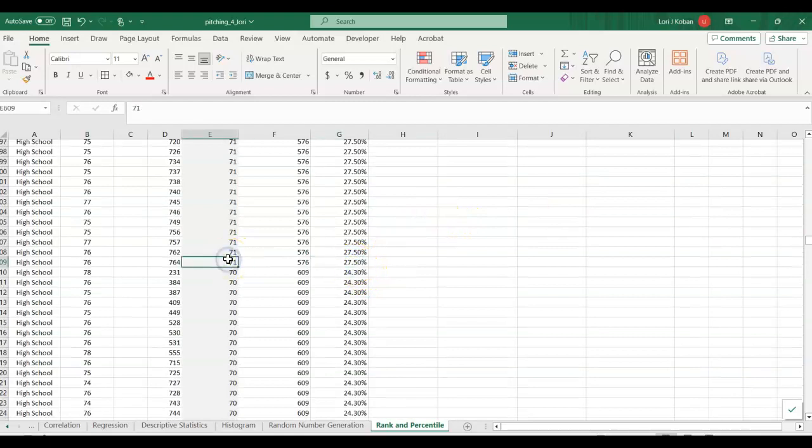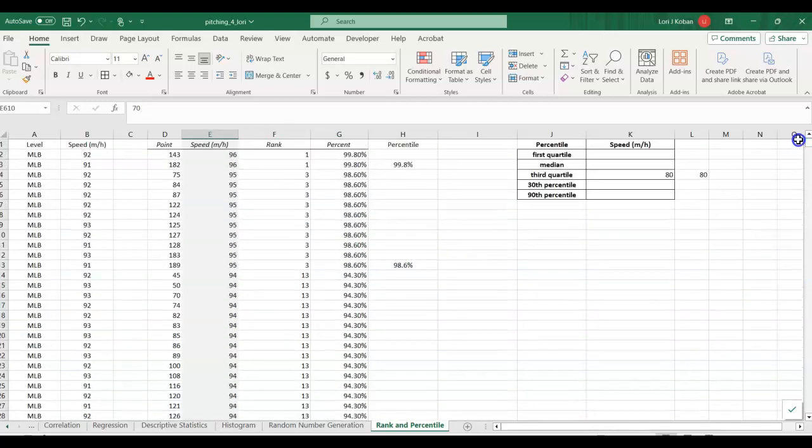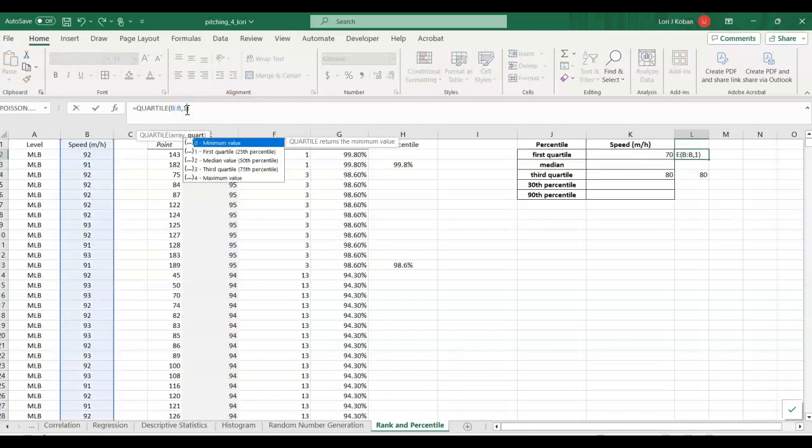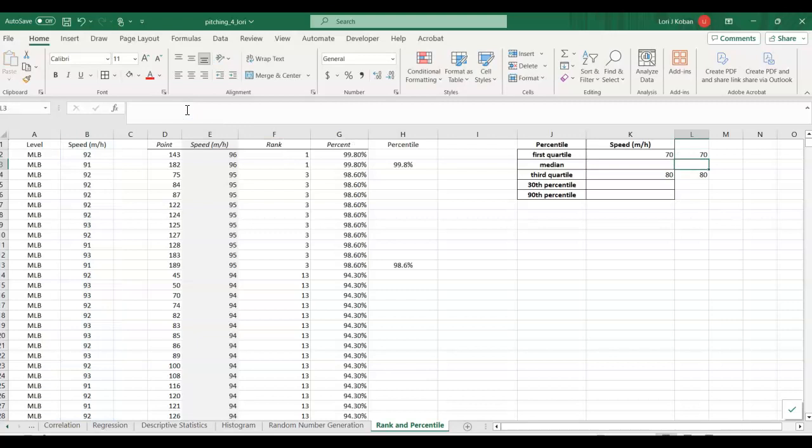So 71 is bigger than 27.5% of the data, and then we drop down to 70, and so the first quartile must be at 70. Let me copy and paste this, and instead of a 3 for the third quartile, we'll put a 1 for the first quartile, and we verify that.